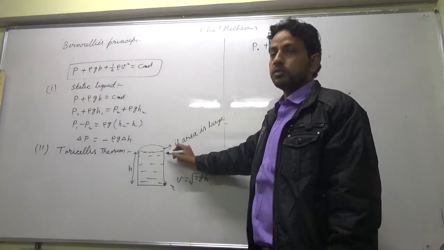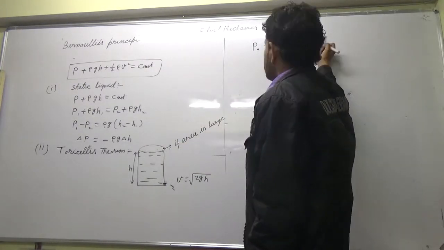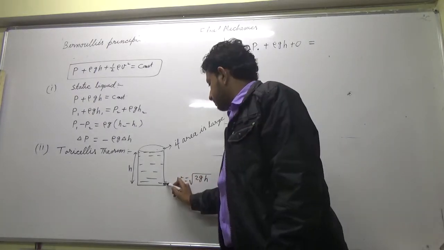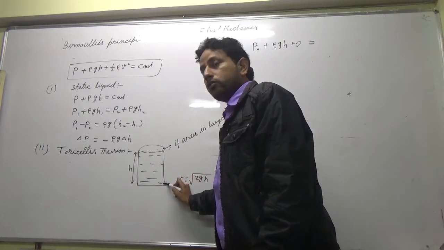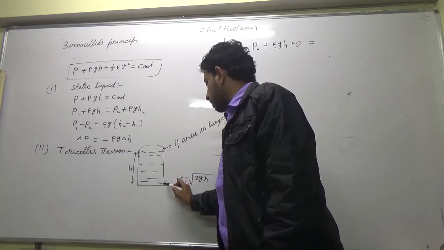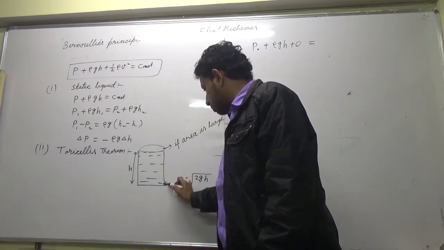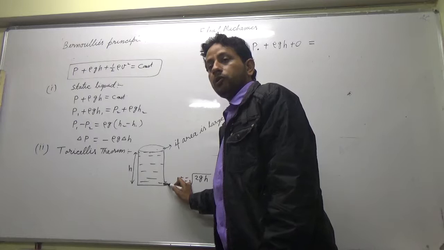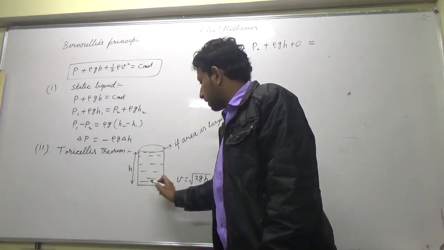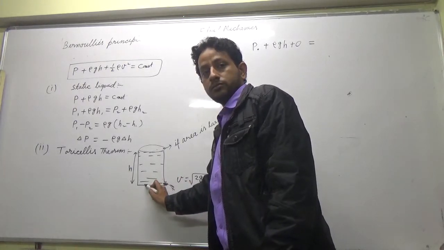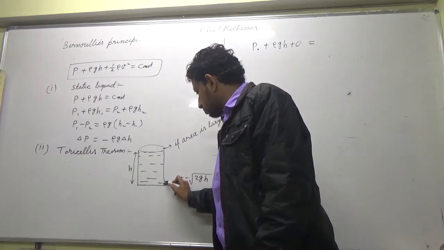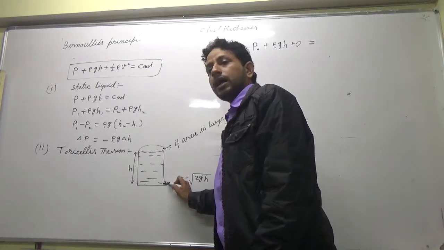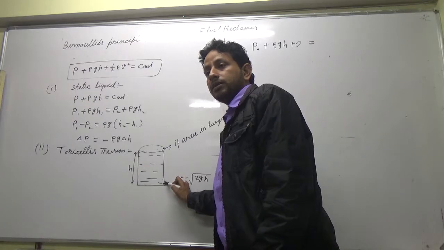This will be equal to all the values calculated at the other point. At this point, when the liquid comes out, again the pressure will be P naught, the atmospheric pressure. We are calculating the velocity just outside the nozzle.